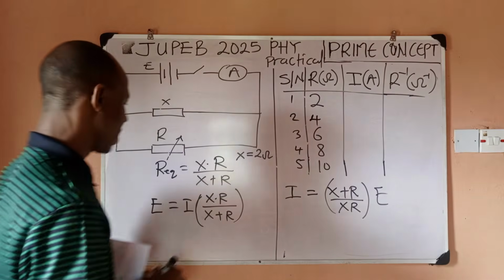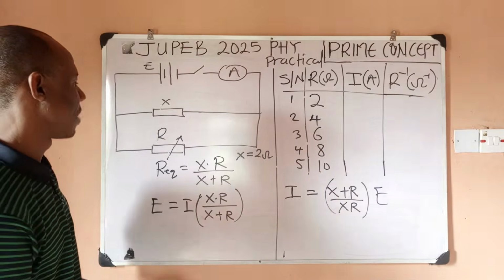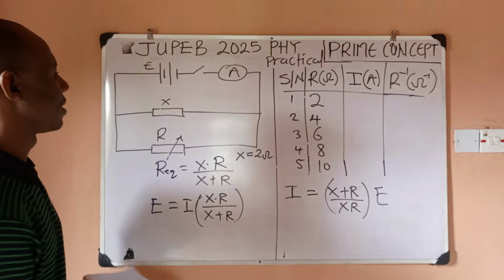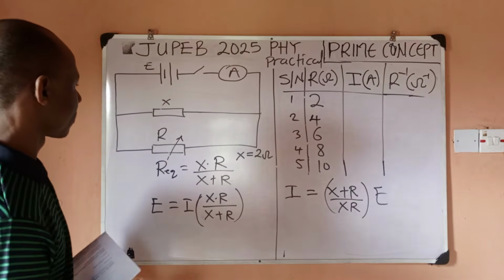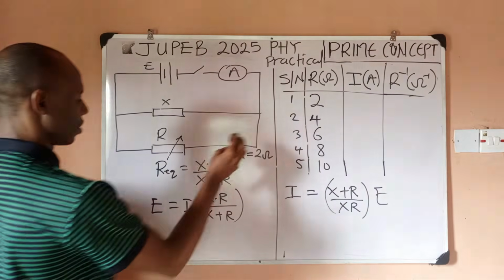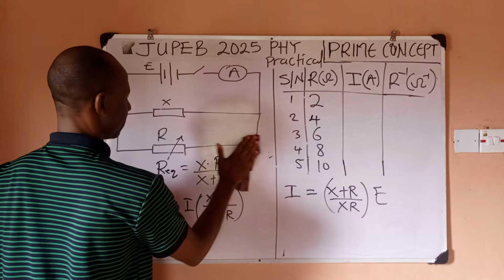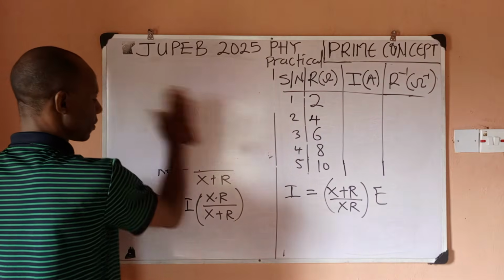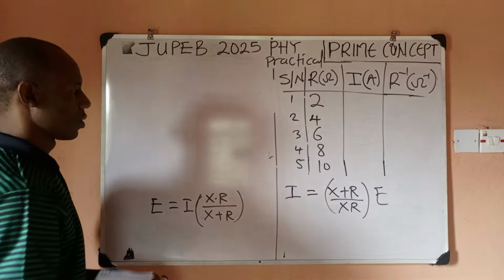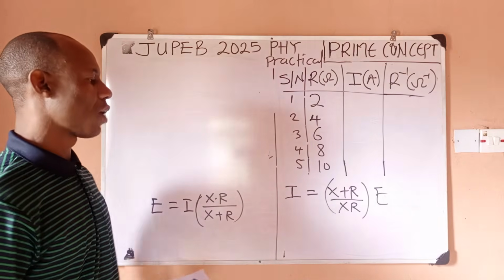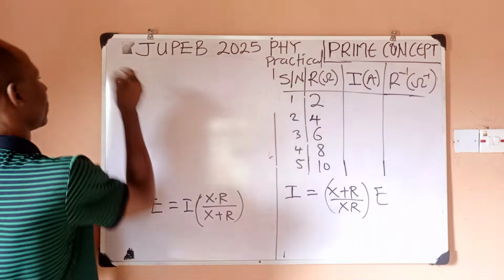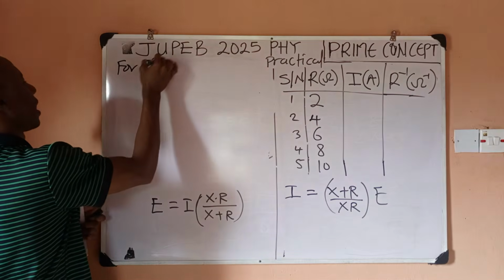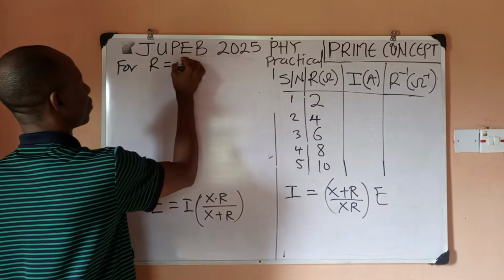I'm going to rub this side because of my space. Do I still need the diagram? I don't think so. I'm going to rub everything here. So now we want to find out our current for R equals 2.